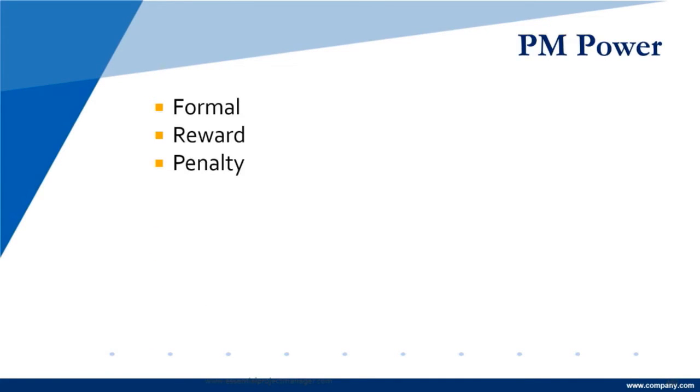There's also a penalty power. Penalty power is just the opposite. If a reward is the carrot, then the penalty is the whip in the old terms of management style. Now, of course, we don't use those things anymore, but the idea is that there are certain penalties you can bring when you're working with people on projects.